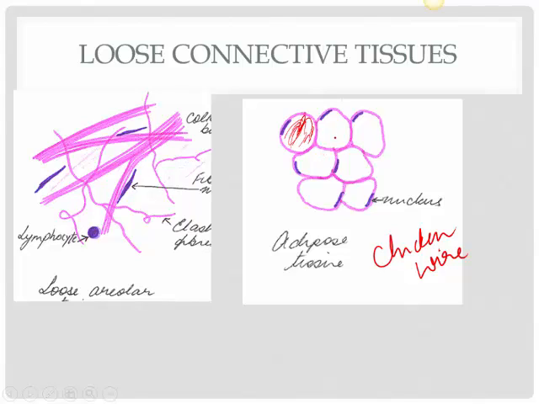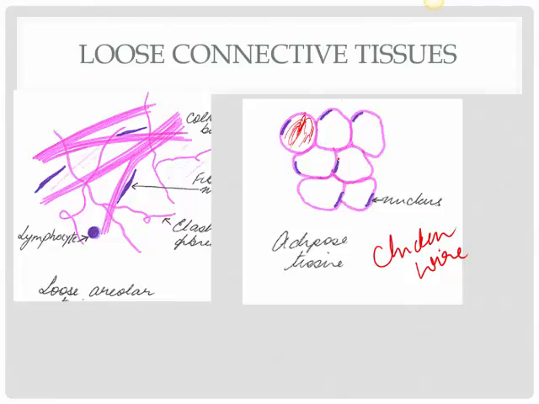In a slide, the cell looks empty because when we use alcohol to process the tissue and then put it on a slide, the alcohol removes the fat, so the cell looks very empty. So you would have seen this very empty looking cell, chicken wire appearance. Now, even though the cells are tightly packed with one another, they can be squished and take any shape.